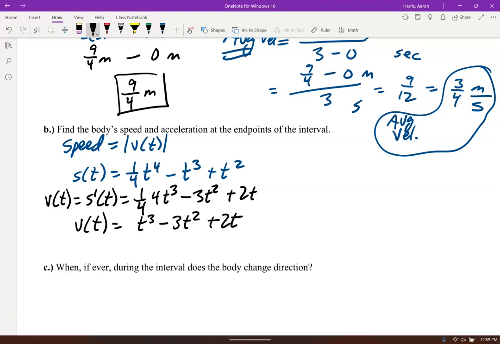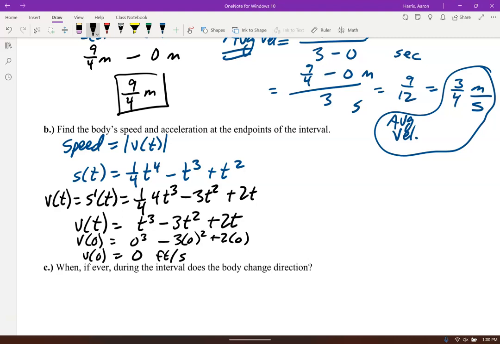There's our velocity, and I want the velocity at the end points. So at 0 seconds, right? So here's the velocity, but let's find it at 0 seconds. So 0, and this will be in feet per second.